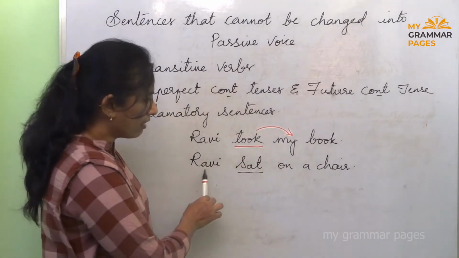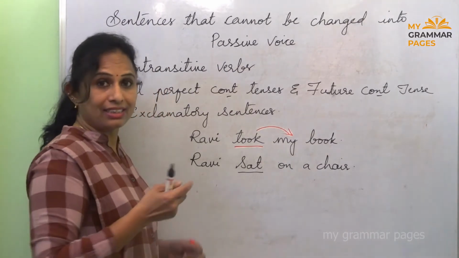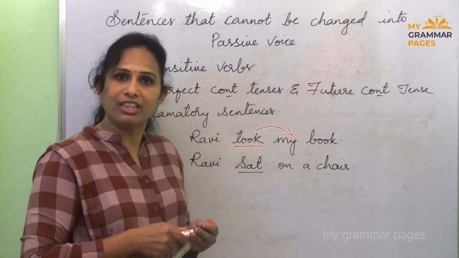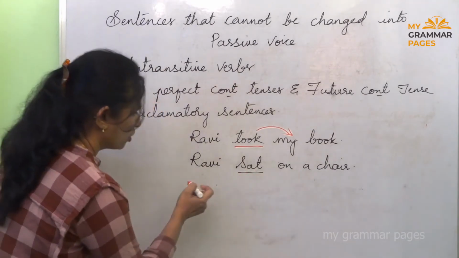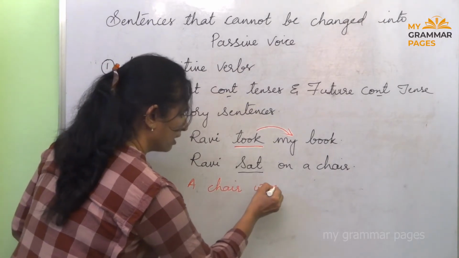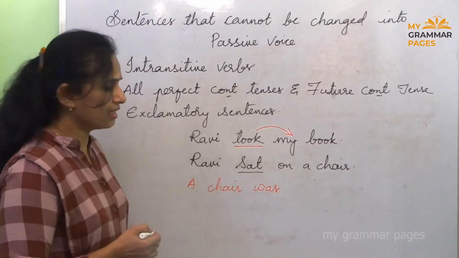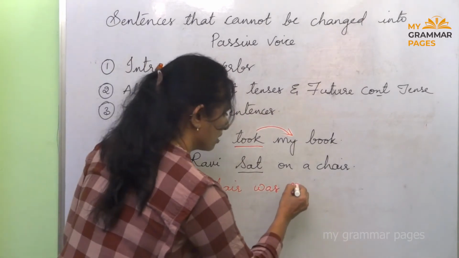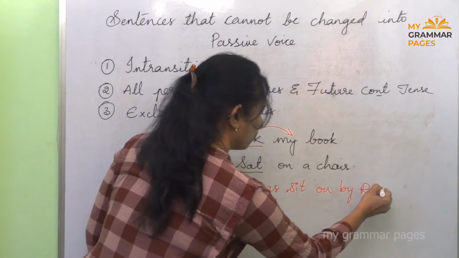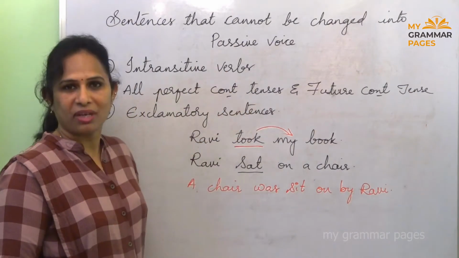Let us convert this sentence into passive voice following all the steps we learned in the previous class. A chair was, let me take the third form of sit. Sit, sat, sat. A chair was sat on by Ravi, which is a ridiculous and meaningless sentence.